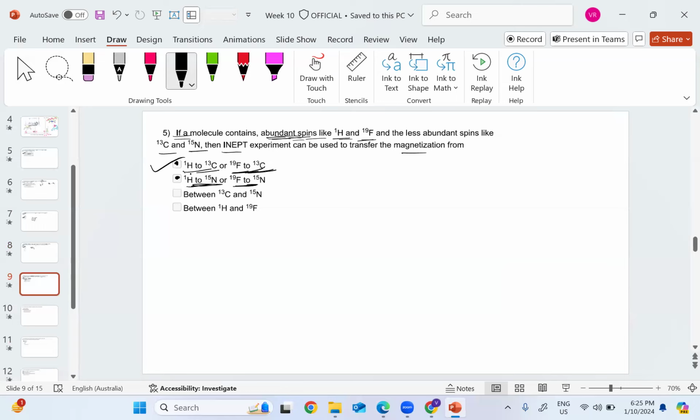So you can transfer the magnetization by using this INEPT experiment. So options 1 and 2 will be the correct options in this case.